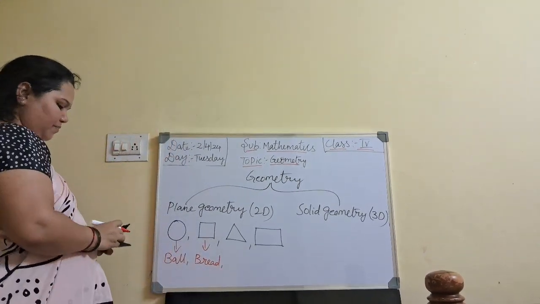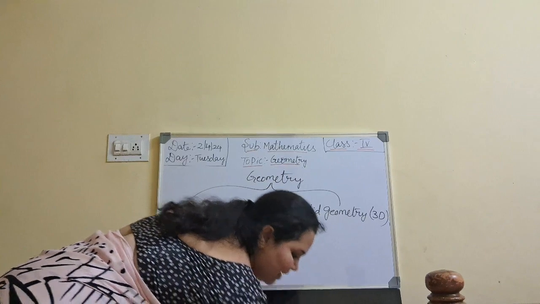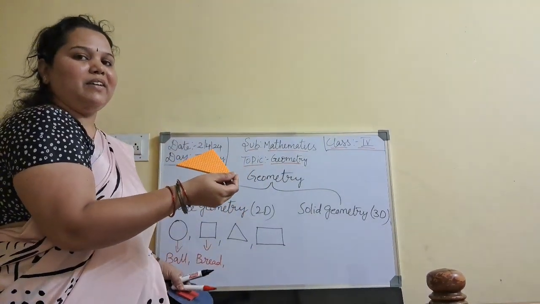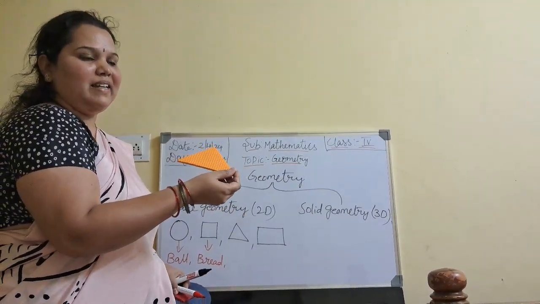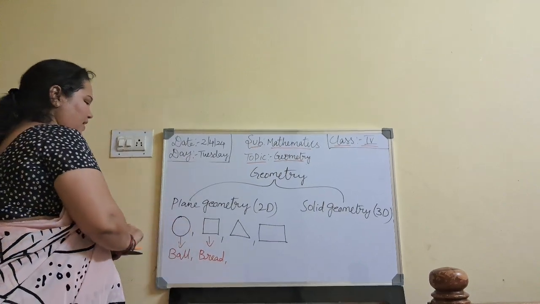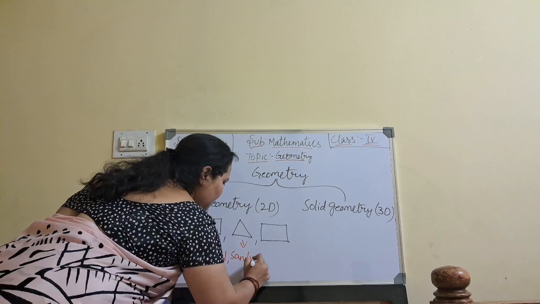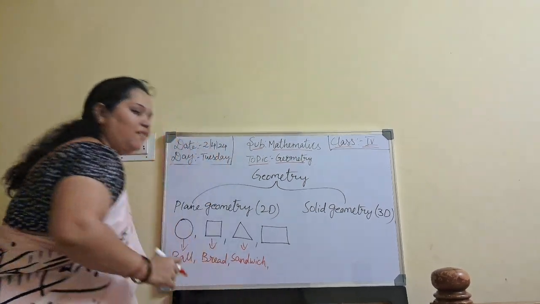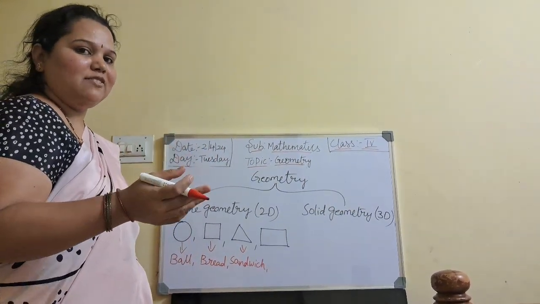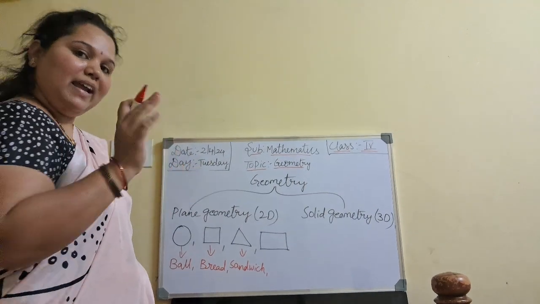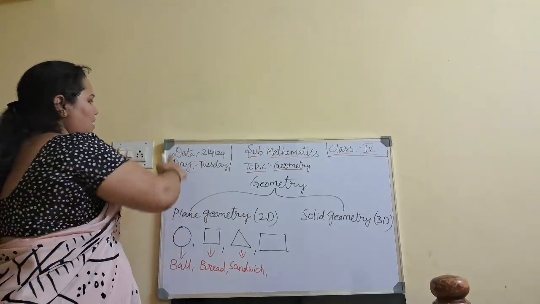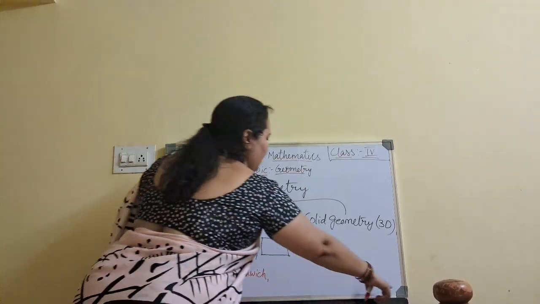Okay, then triangle. Can you tell me an example of a triangle? Sandwich. Very good. Sandwich, and then a piece of pizza. One slice of pizza is also a triangle. Very good. Now what is this shape?